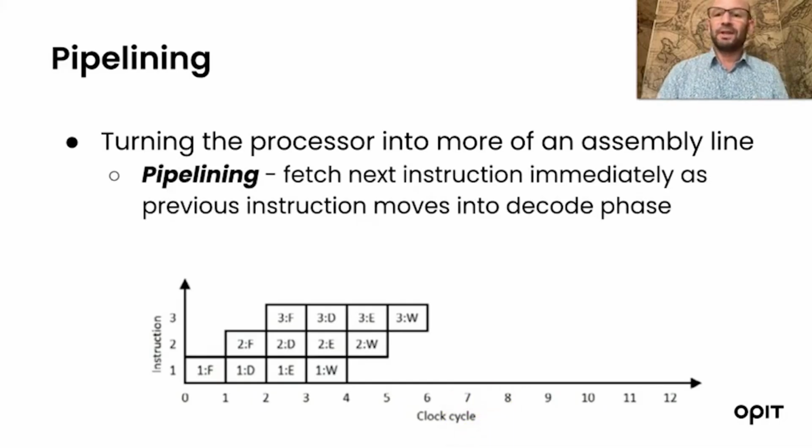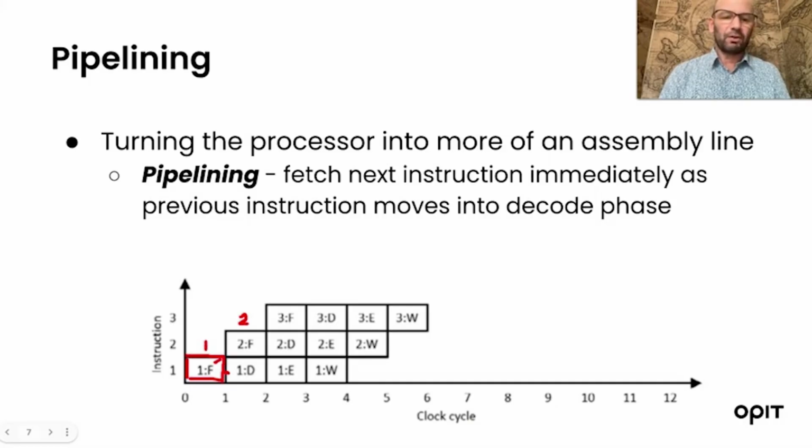And this process then is called pipelining. So we fetch the next instruction immediately as the previous instruction moves into a decode phase. So we can see here diagrammatically that as soon as we move on here with the fetch to the decode, so this is our first fetch, we can immediately do another fetch.